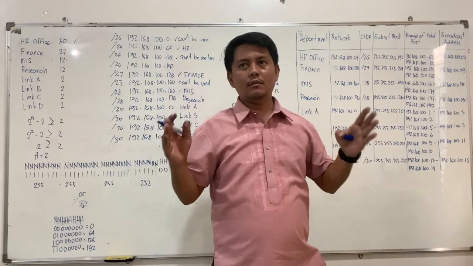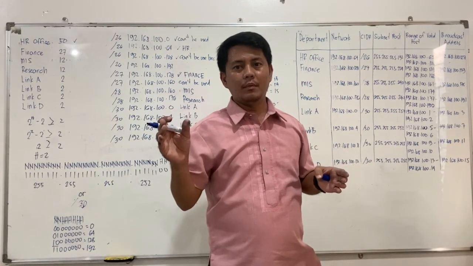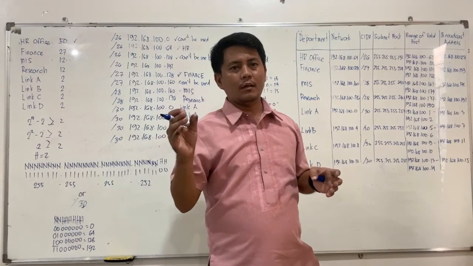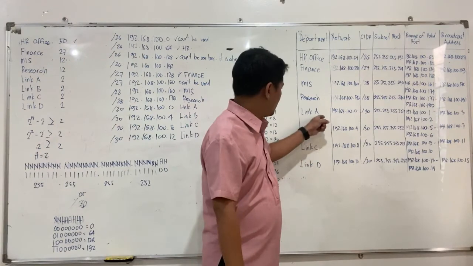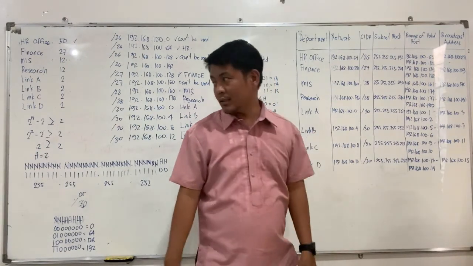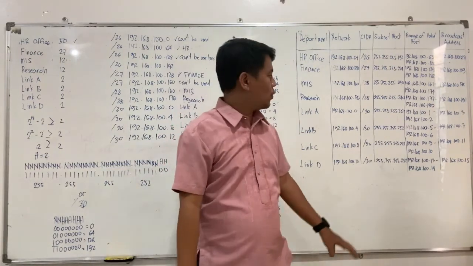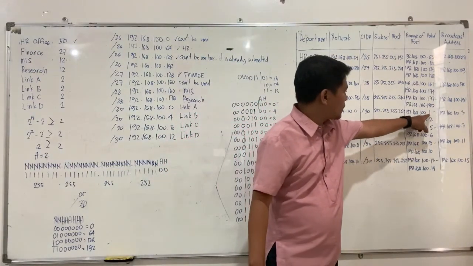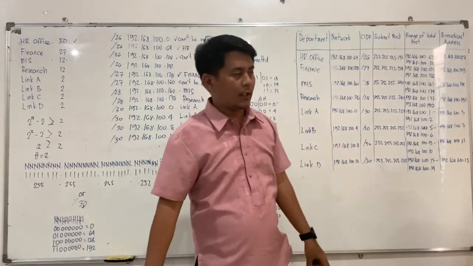Each range is 14, so we use 12 from 14. Only 2 IPs were wasted. And for all the links, this is exact, so no IP was wasted because it is being used.